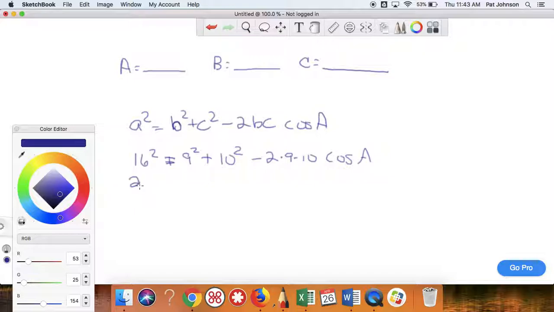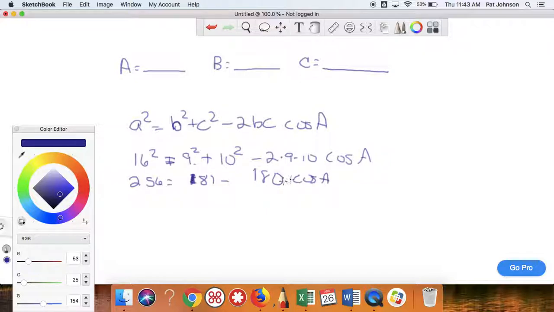So I'm going to get 256 equals 81 plus 100, so 181, minus, and then the product of all this is going to be 180. Cosine of A.